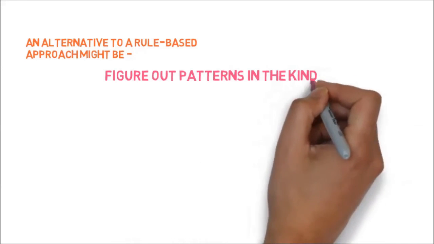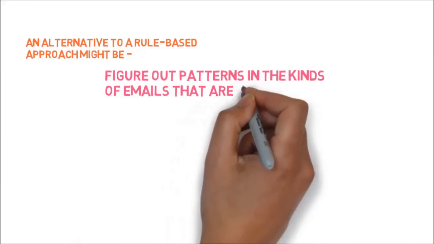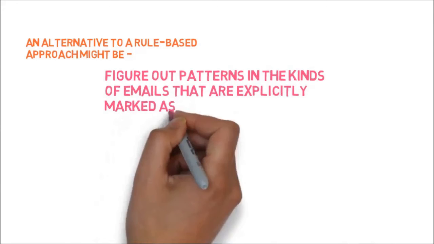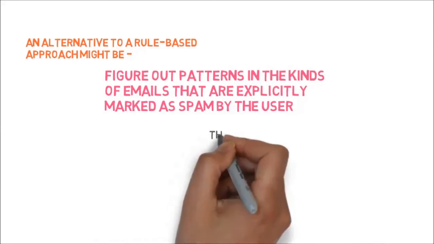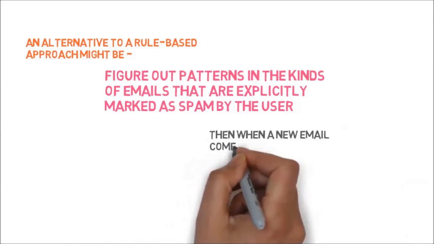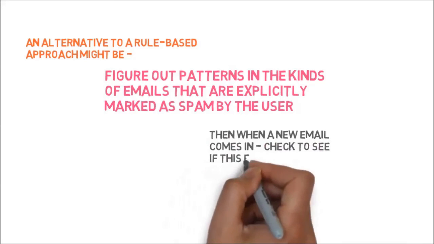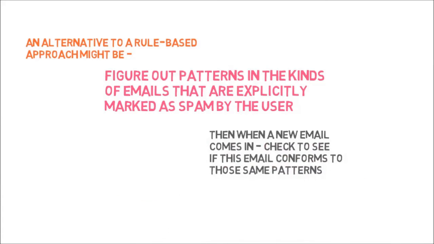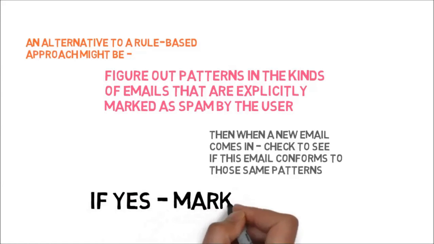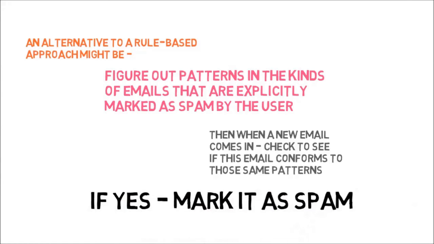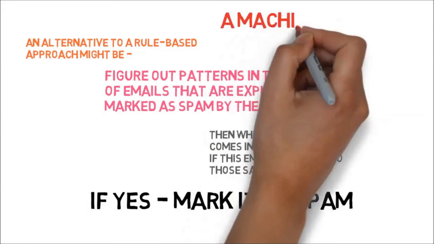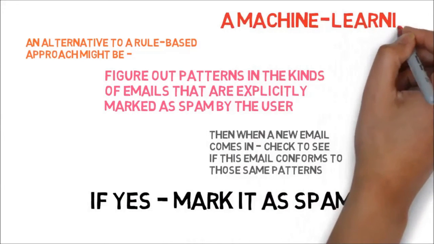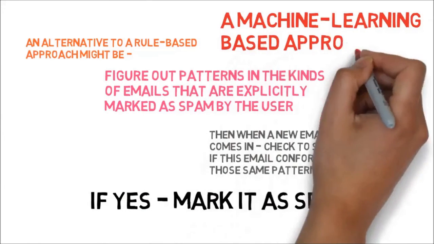If you can figure out a pattern from all the emails that are explicitly marked by the user as spam or ham, you could then check if a new email that comes in conforms to such pattern or not. If it does, then you mark such email as spam. If not, then it's ham. This is basically what a machine learning based approach is.